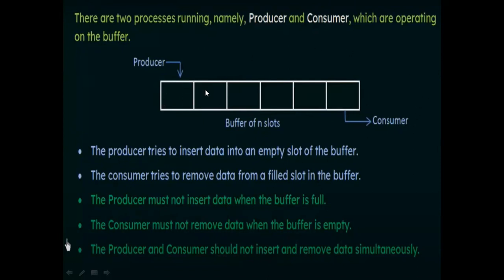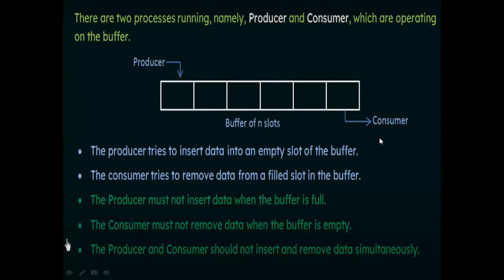The producer must not insert the data when the buffer is full. For example, if the buffer contains full data, that is, the slots are full, the producer process may not be able to insert the data into the buffer.